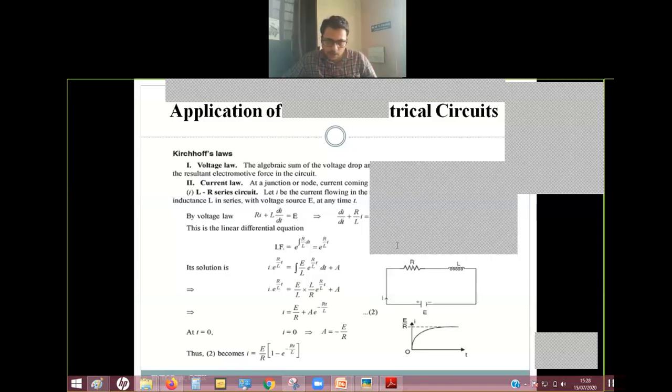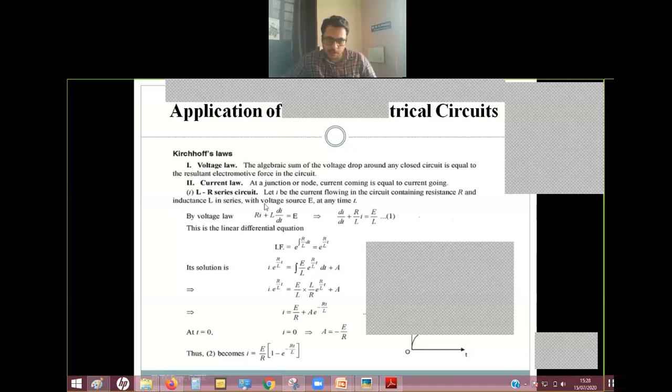Now please tell me, is this equation present in the standard form of a linear differential equation? Yes or no? No, it is not present, correct?